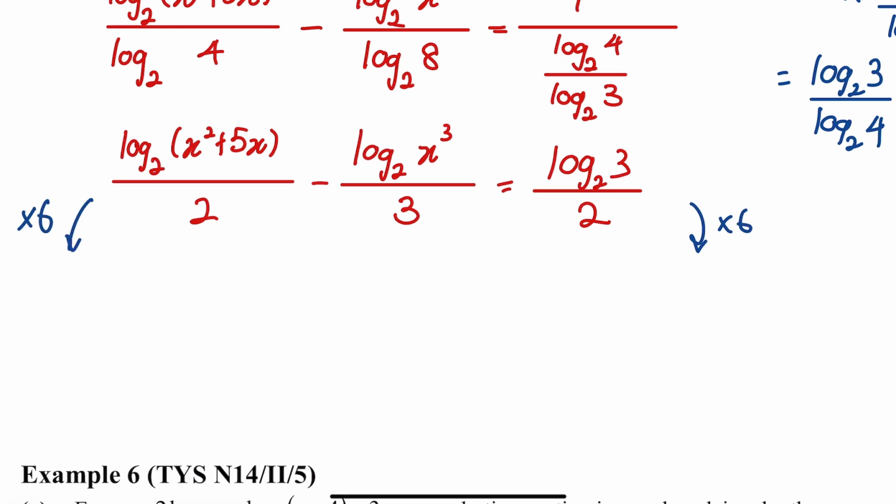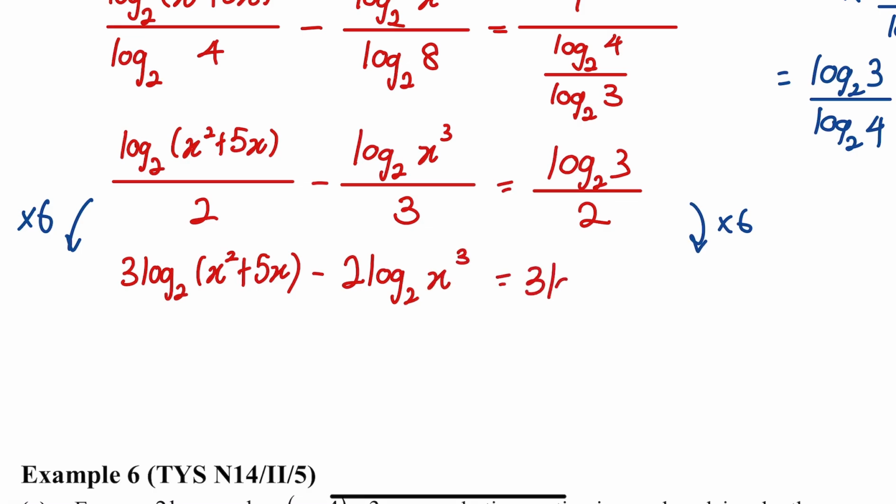So I'll multiply both sides of the equation by 6 to get rid of the fractions to make your life easier. This will give me, the first term will become 3 log base 2 x squared plus 5x, okay, minus 2 times log base 2 x cubed equals 3 log base 2, 3. Okay, then from here, I continue to simplify.